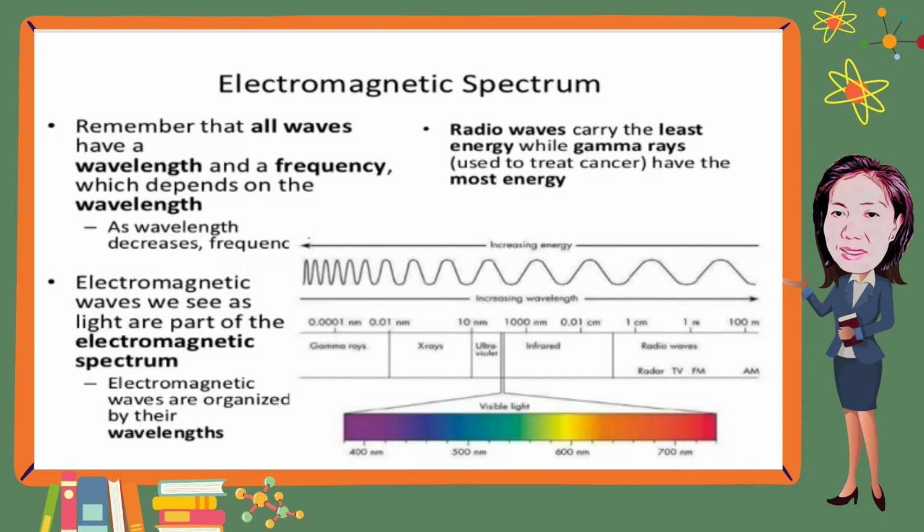Okay. So take note na red has longest wavelength and then purple has shortest wavelength. In terms of frequency, the red has lesser frequency. The violet has greater frequencies.